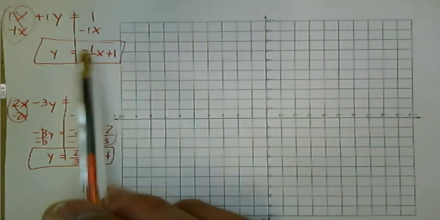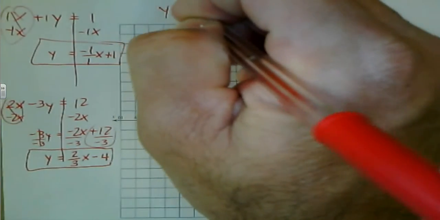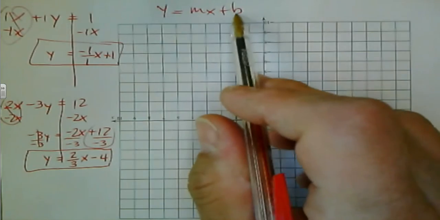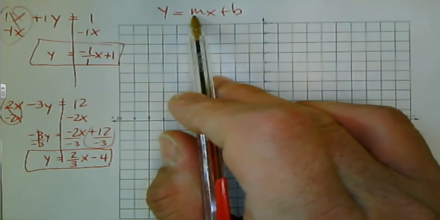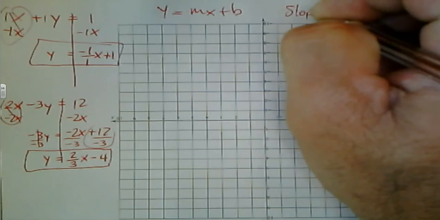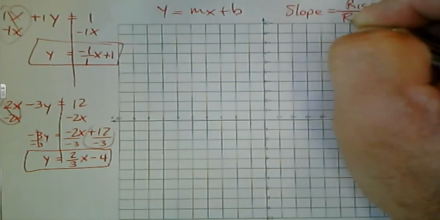All of yours are in slope-intercept form, which is y equals mx plus b, where the b is the y-intercept and the m is your slope. Try to remember, slope is rise over run.